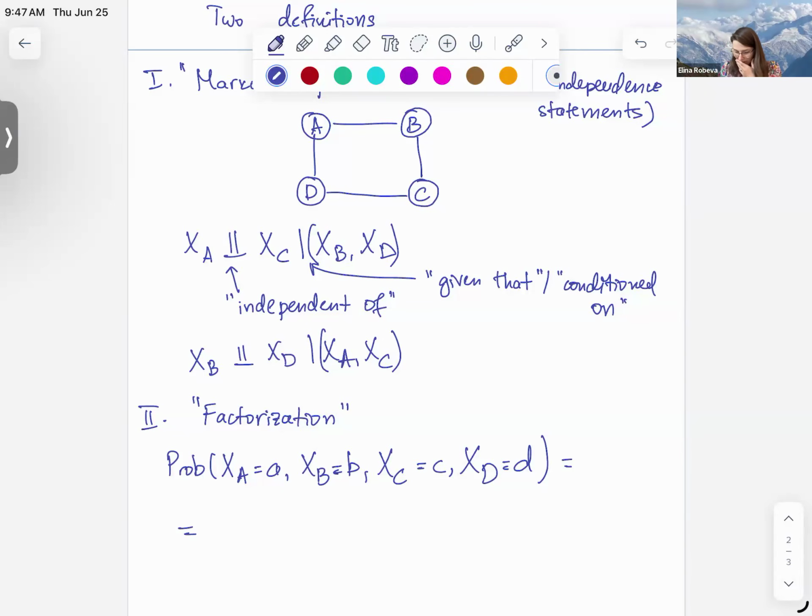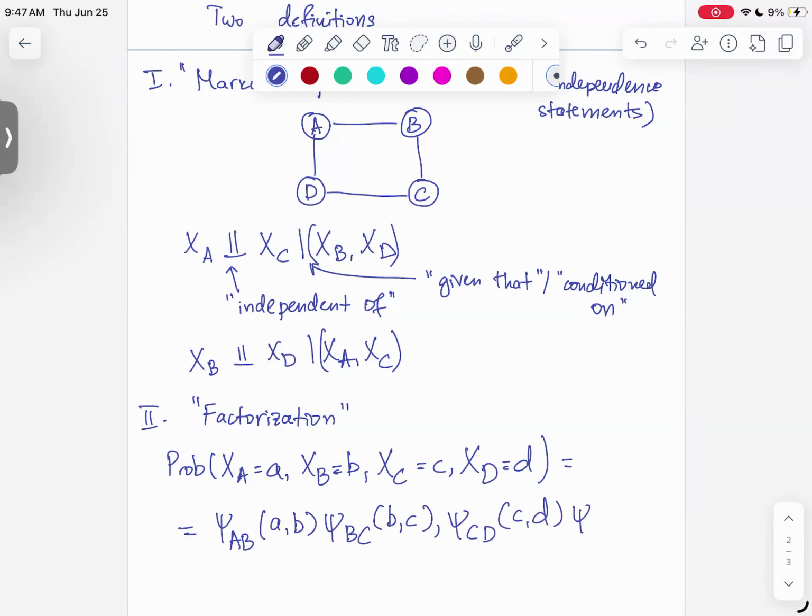For all of these 16 possible options, we can define this probability that they happen together, this joint probability. And this factorization definition says if X actually lies in the graphical model for this graph, then this probability should be able to factor into these factors like this.